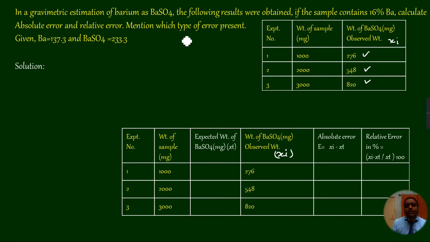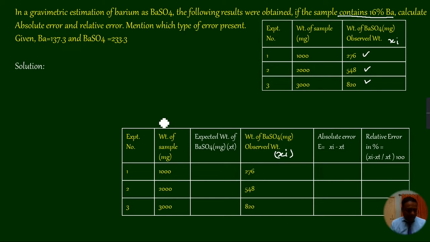It is given here that the sample contains 16% of barium. That means the sample should contain 16% barium, and this is the true value.